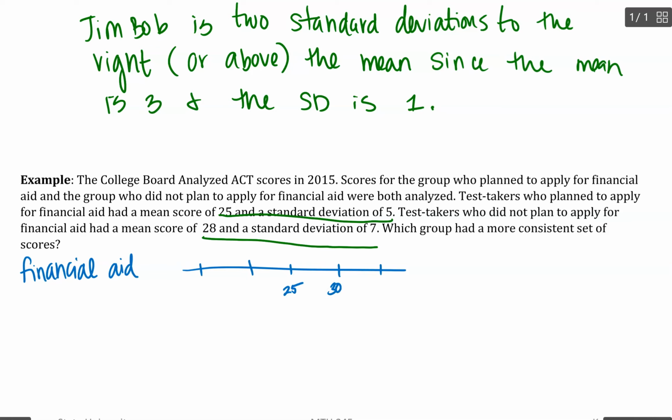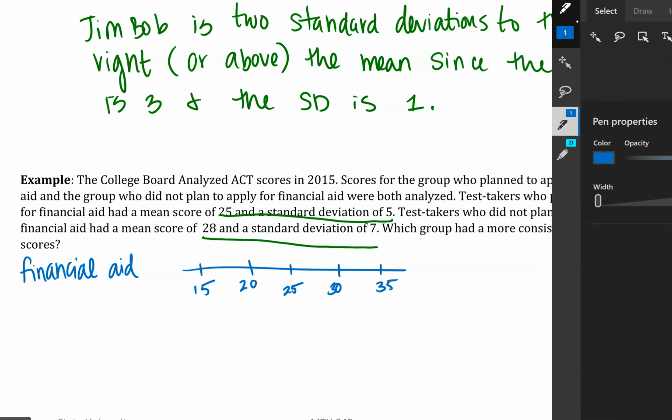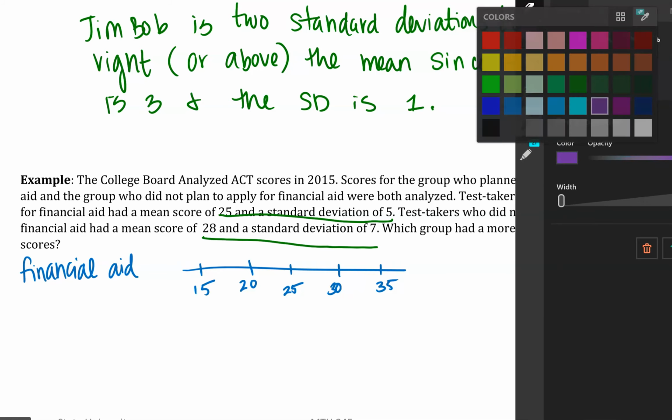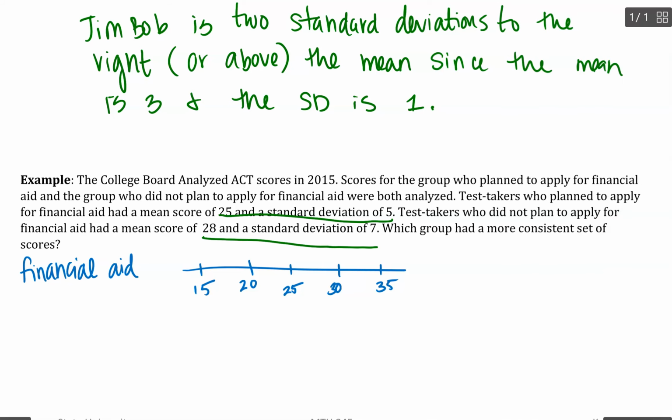This will be 30 and 35, and this will be 20 and 15. Each of those represents a standard deviation. Standard deviation is 5 in each of these cases. Sorry, in this case, the standard deviation is larger in the second case. So let's visualize, and I'll write mean here.